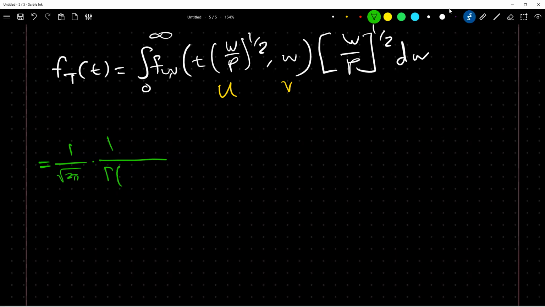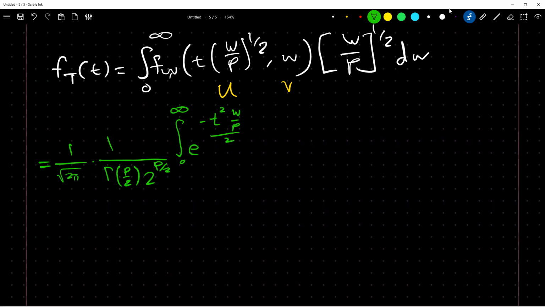So gamma of P over 2, and then 2 to the P over 2, and then I'm going to multiply that by my integral here. And I'm going to get, first of all, e to the negative T squared W P over 2.